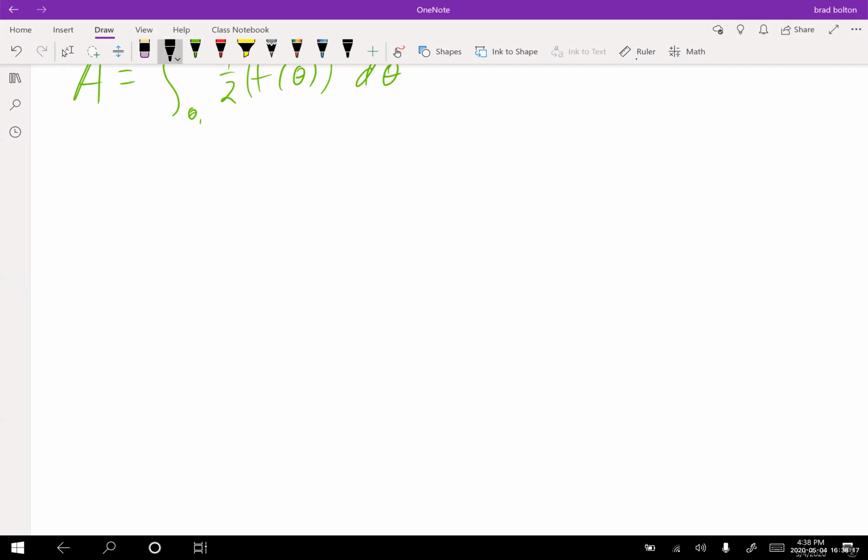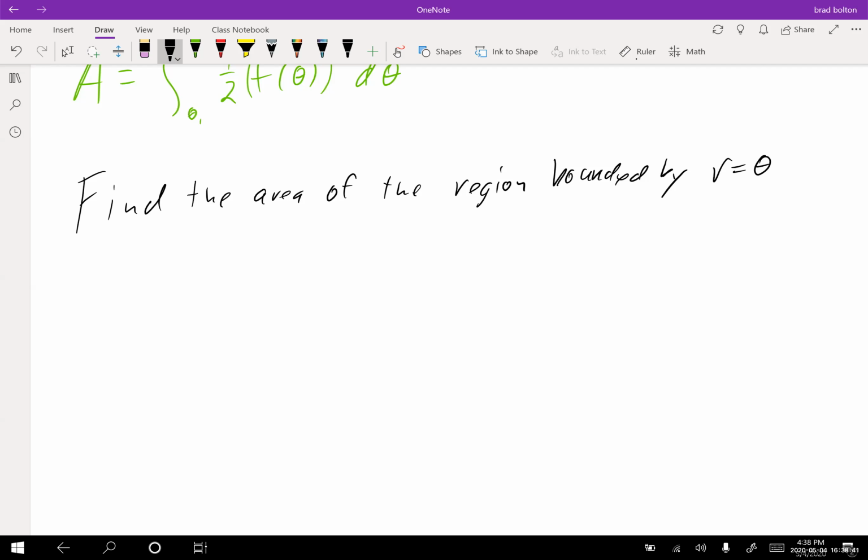Let's look at: find the area of the region bounded by r equals theta, for theta greater than or equal to 0, between theta equals 0 and theta equals 7 pi over 4.